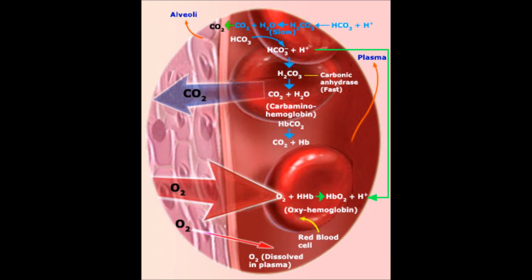By increasing ventilation, by increasing the respiratory rate, we can try and compensate for the changes in pH by getting rid of carbon dioxide. If you increase CO2 removal from the body, this will increase blood pH.